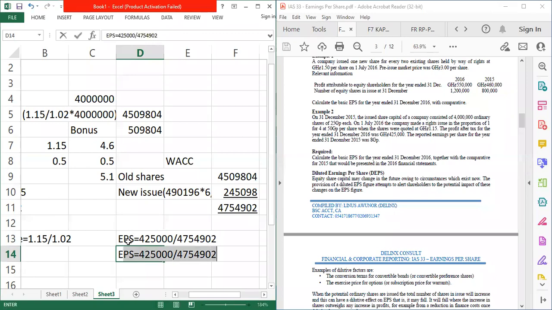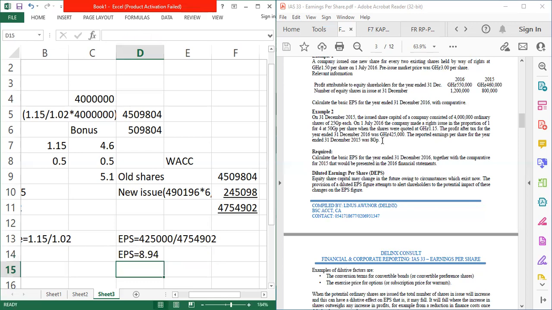So what would be our earnings per share? I'm getting 8.94. That's correct.